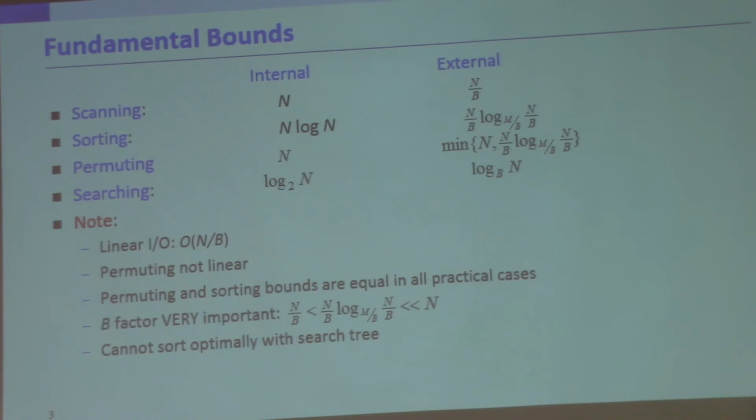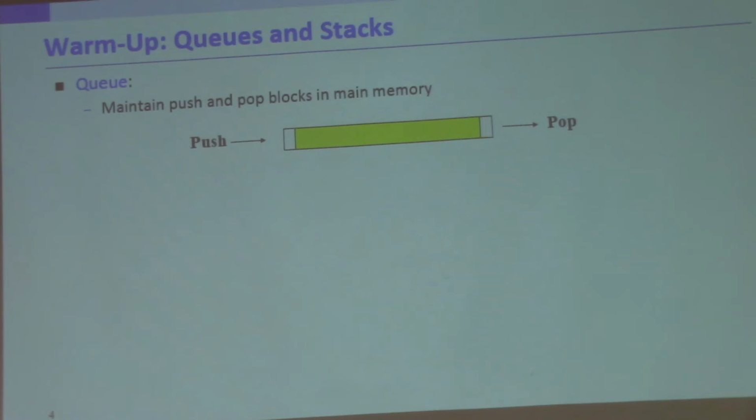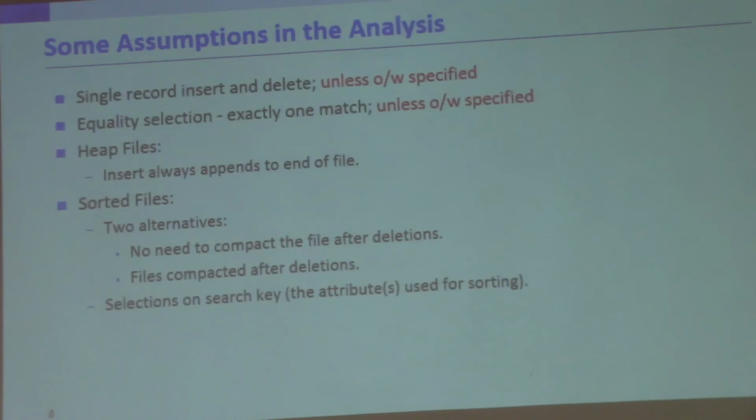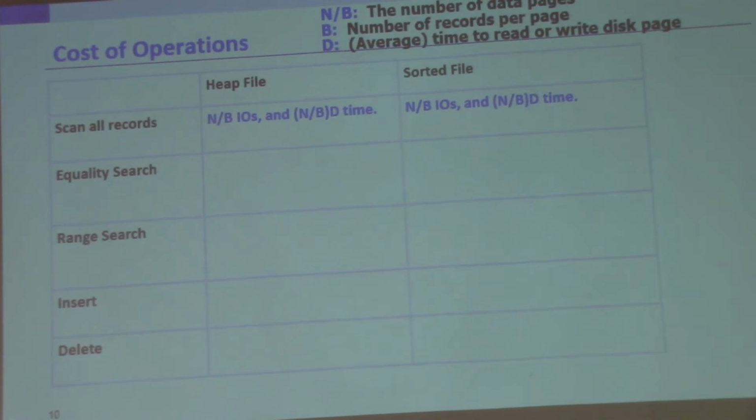Essentially, the first bump over there. If it's in internal memory, scanning all records translates to N memory operations, but in external memory, this translates to N over B page accesses, right? Because those N items will sit in N over B pages. So this is simply N over B.